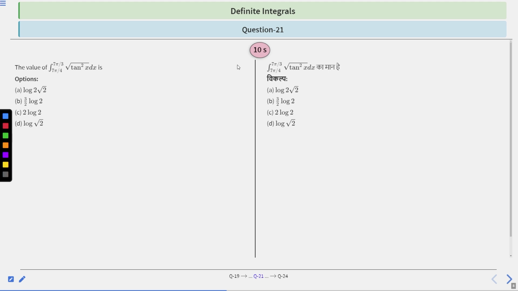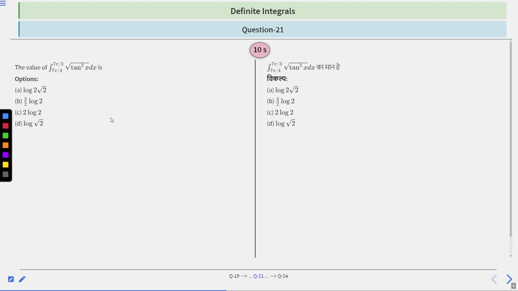Then if tan 10x is negative in that interval, you have to write minus tan 10x dx, and if tan 10x is positive in any interval between 7 pi by 4 to 7 pi by 3, then you have to write tan 10x dx. Clear? In this way, you can easily calculate the value of this.